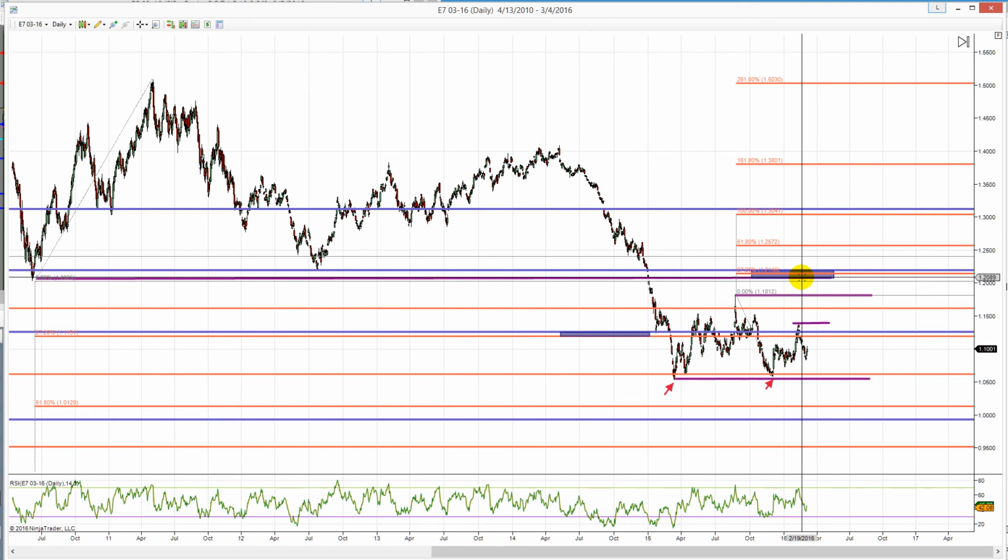Here is a 120, so it's 600 pips, by the way. And we may take a position and hold it.